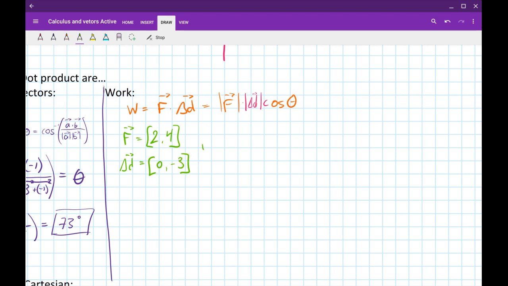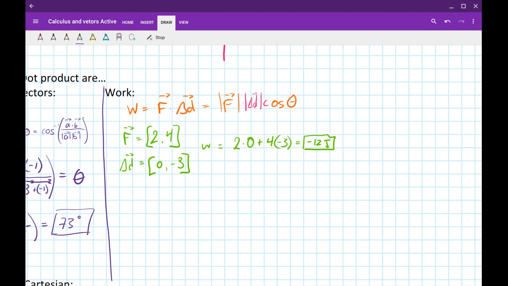What's the work done? Well, the work is just 2 times 0 plus 4 times negative 3, for a total of negative 12. There's joules there as the unit for that one. And so there it is. That's the work done. Okay.